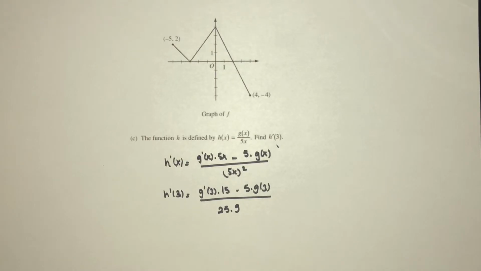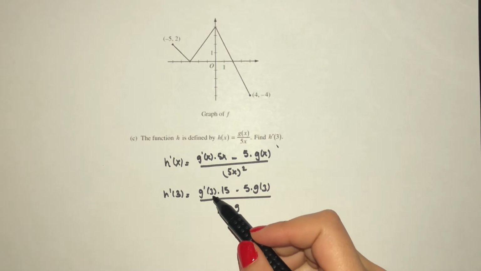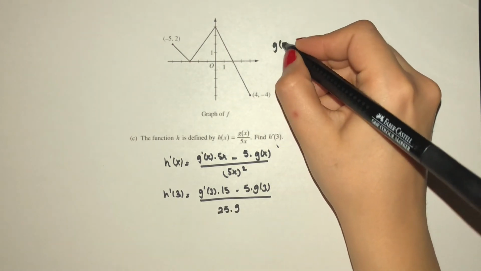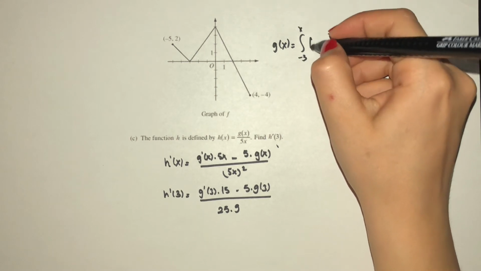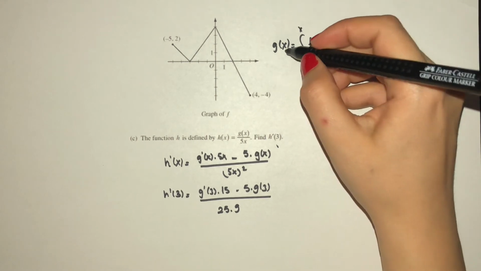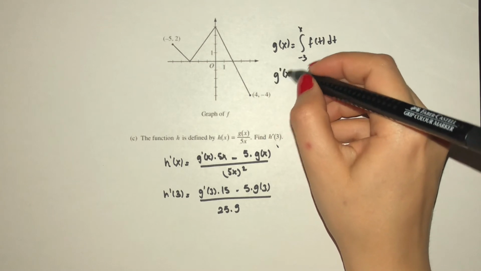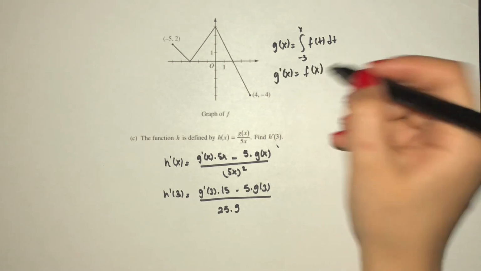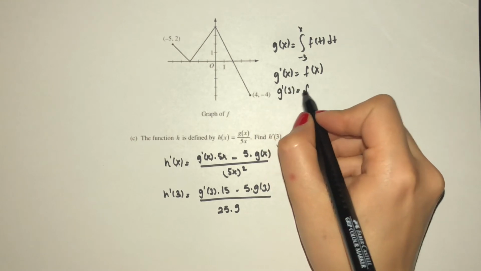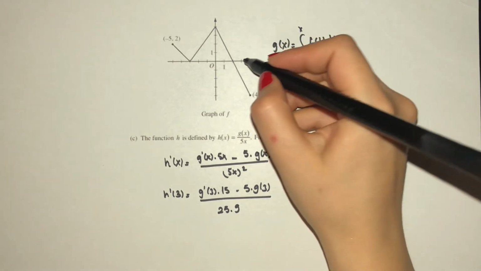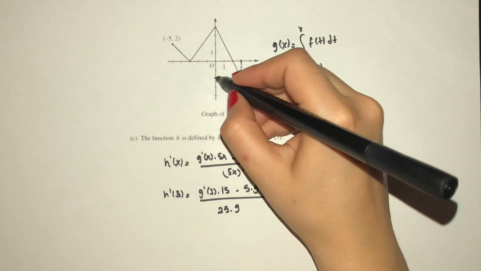Okay, in order to evaluate g prime 3, we should look at g of x. g of x is the integral from -3 to x of f of t dt. If we take the derivative of g of x, it will be f of x. It means that in order to get g prime 3, we should find f of 3. And we know that f of 3 is -2.